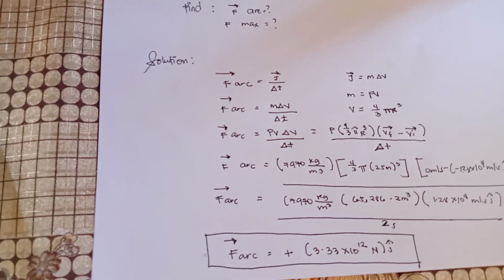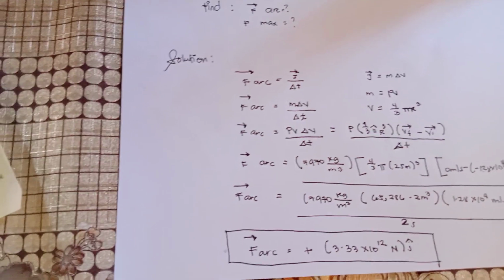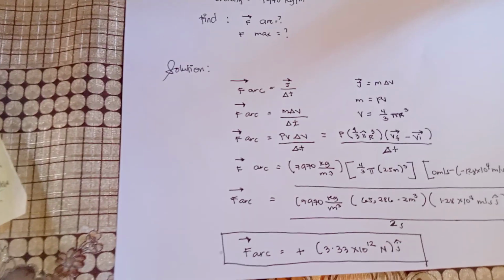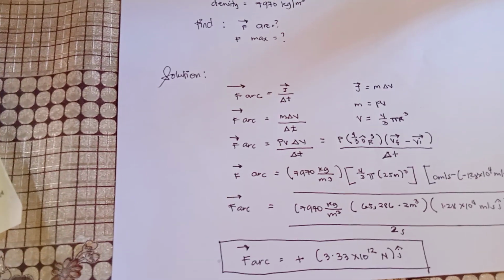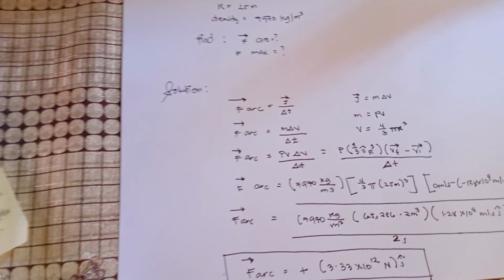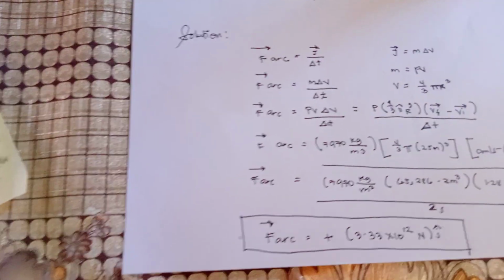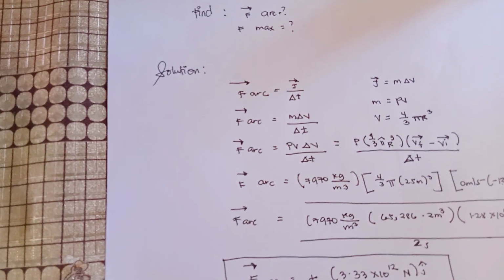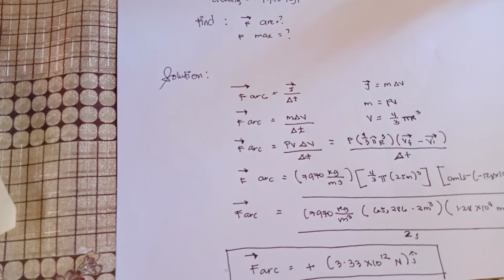So the average force equals the density times the volume times the change in velocity over time, the final velocity minus the initial velocity over time.